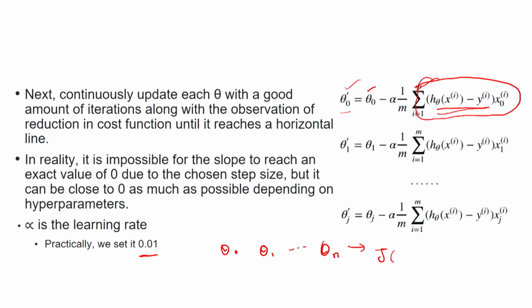Sometimes if the number of instances is very large, calculating this term will be computationally very complex. So we try to reduce this computation, and how can we reduce it?